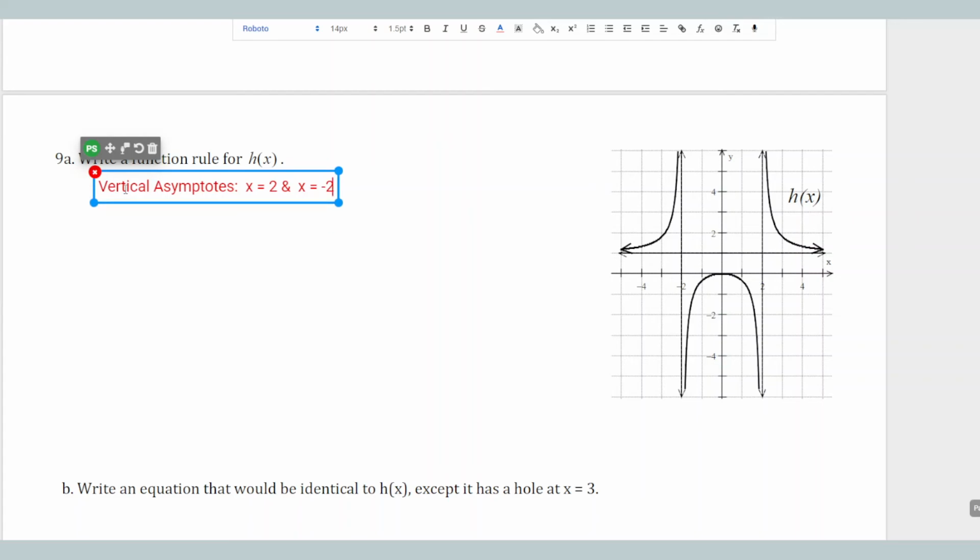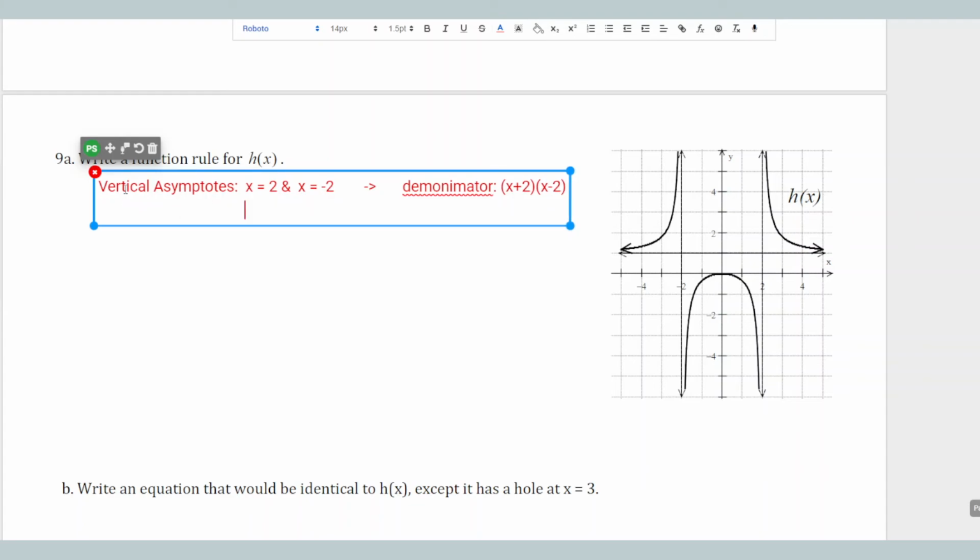And so what that means is that our denominator needs to be x plus 2 times x minus 2, which would equal, if I multiply those out, and it doesn't actually ask for it in standard form, but if we did, it'd be x squared minus 4. So that would be the denominator.